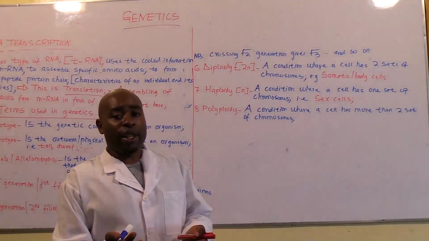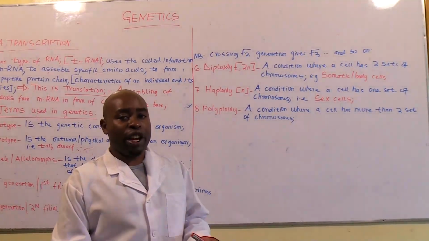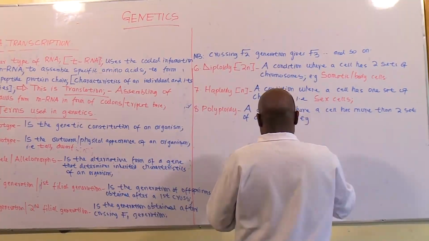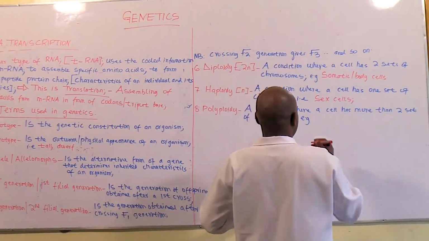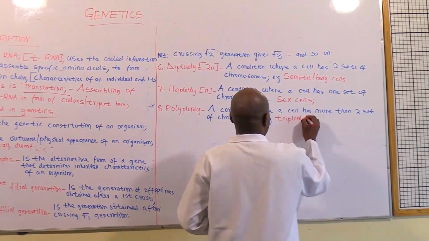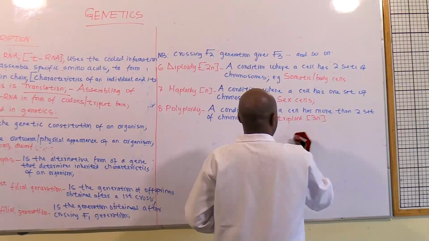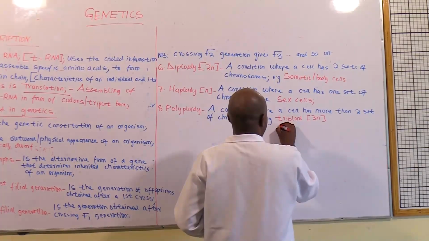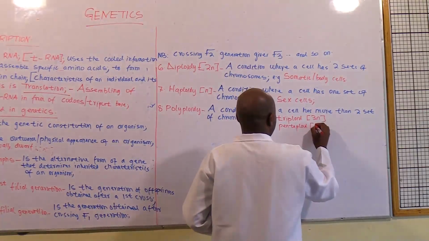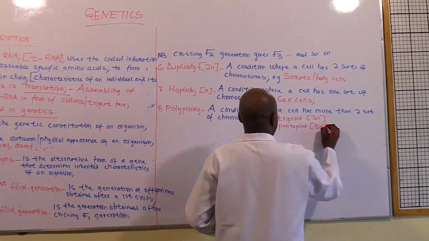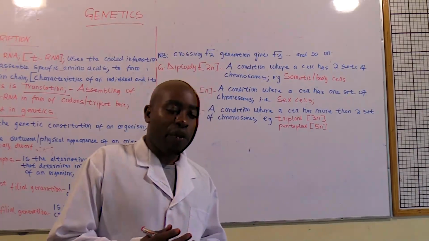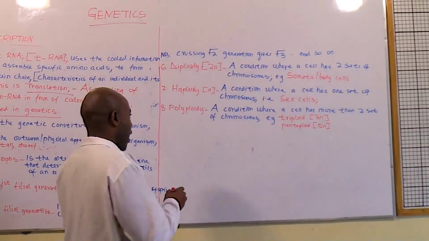So therefore, the organism in this matter can have triploid number of chromosomes, tetraploid, pentaploid, and so on. So we can have triploid, that is 3N. You can have pentaploid, that is 5N, and so on, depending on the number of chromosomes that are available.